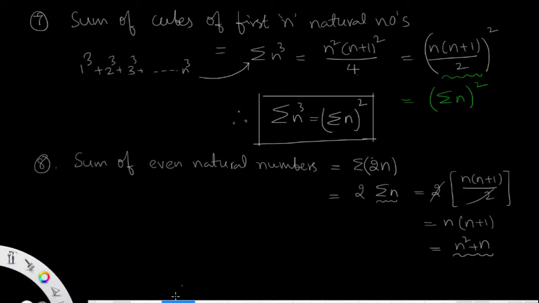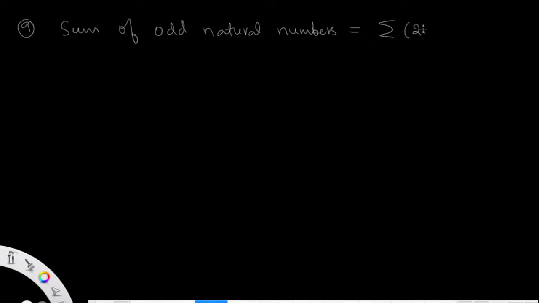Similarly, the second one, sum of odd natural numbers. Odd natural numbers are always of the form 2n minus 1, so sigma of 2n minus 1. Now derive the formula: 2 outside, sigma n minus sigma 1.